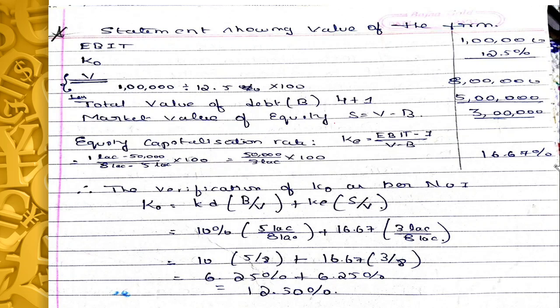So when you do all those things, at what rate does the equity capitalization stand? What is KE? Start working it out, otherwise on the day of the exam you will be too confused.